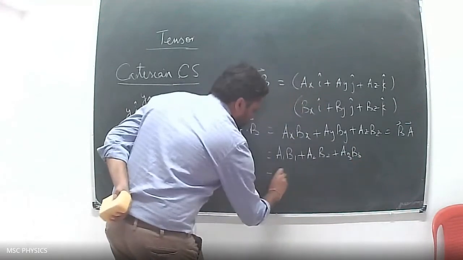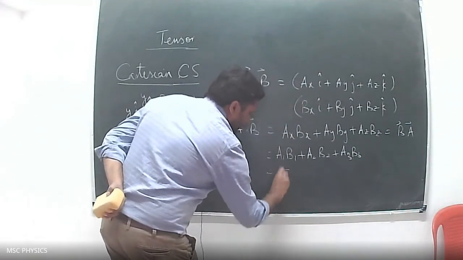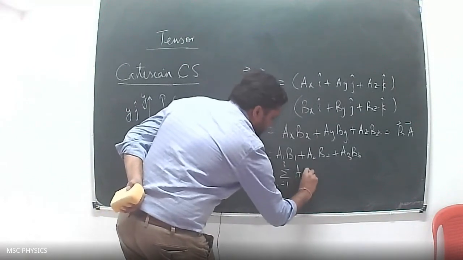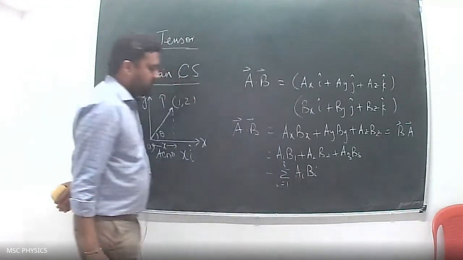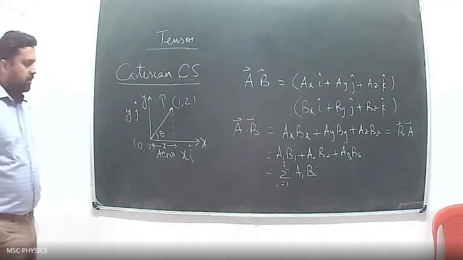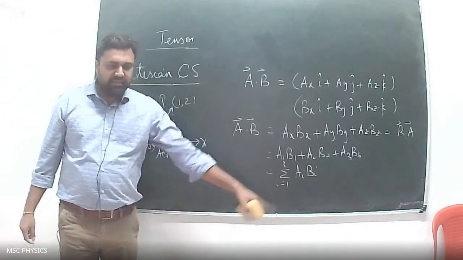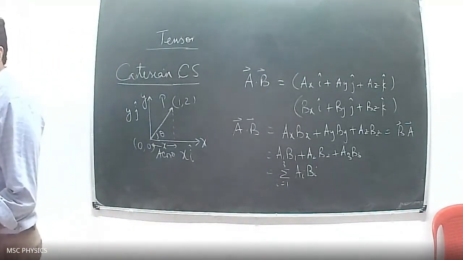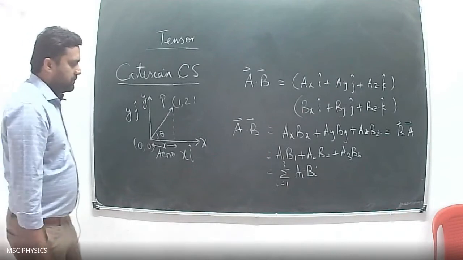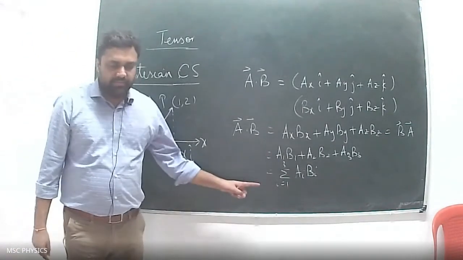So I can write this as the sum over i from 1 to 3 of ai bi. Is that correct? So the dot product can be written in the indices form like this. Is this clear?